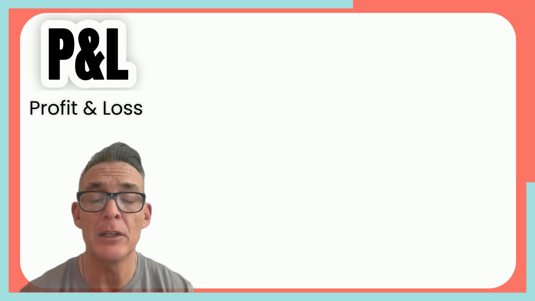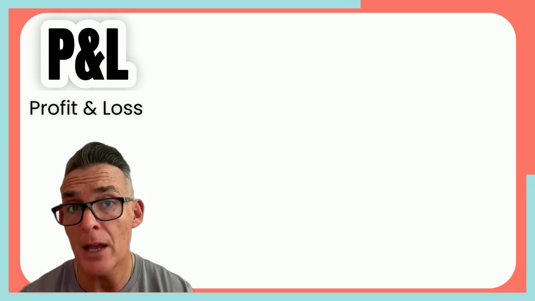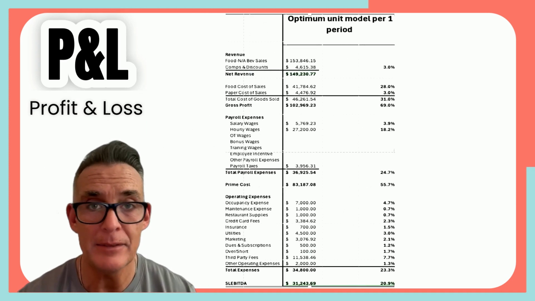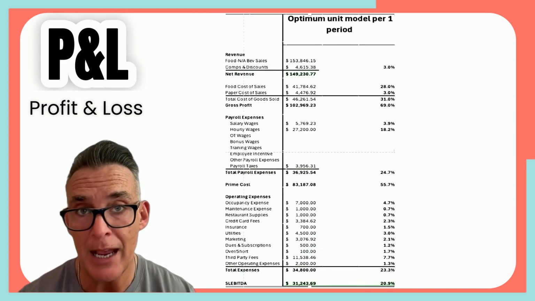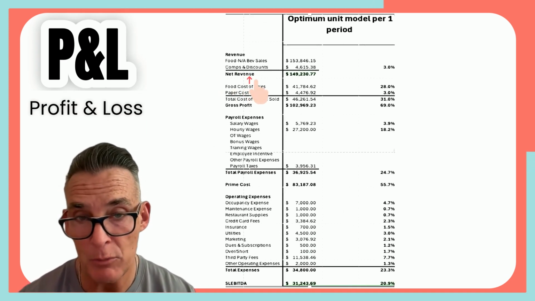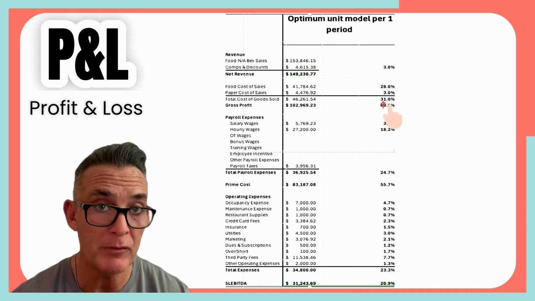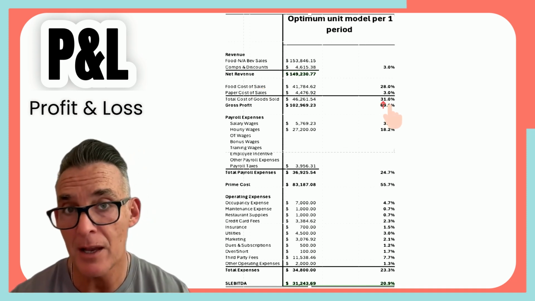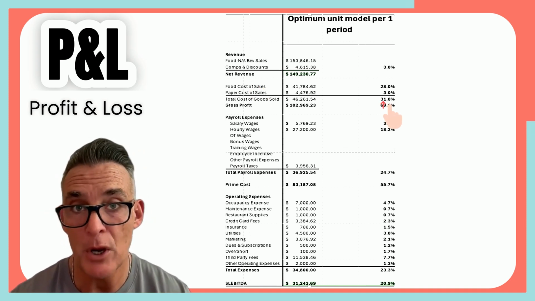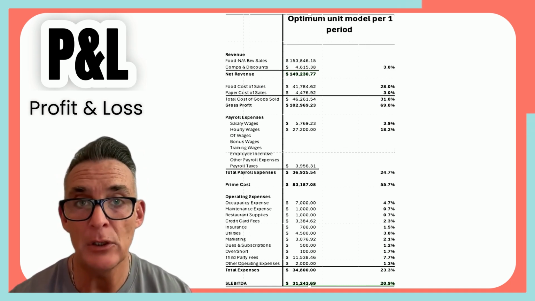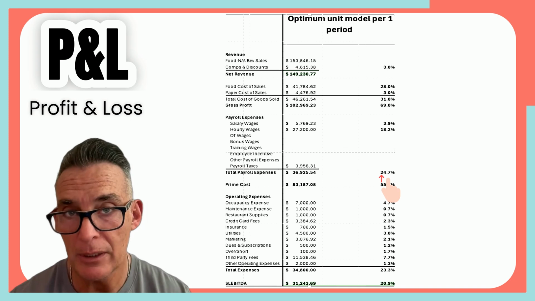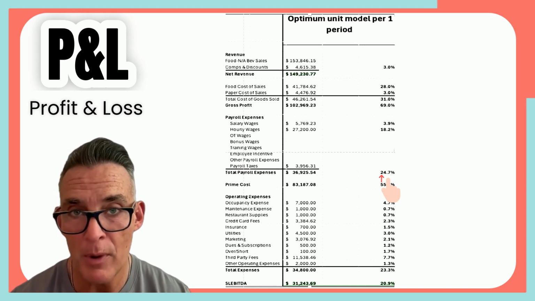So next, let's take a look at an actual profit and loss statement. And this is kind of the layout you should be looking at. And you're going to start, of course, with your net revenue. And from that, you're going to look at your cost of goods sold. So all the cost that goes into delivering the product to the guest. And then you're going to look at your labor, all the labor it takes to run the restaurant.